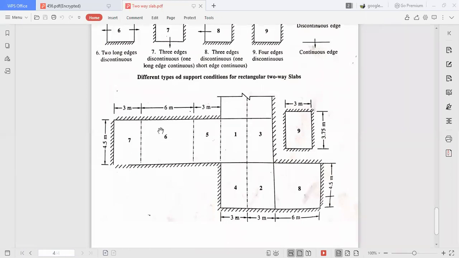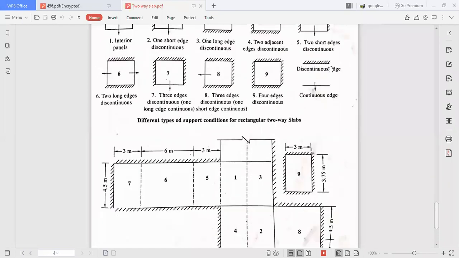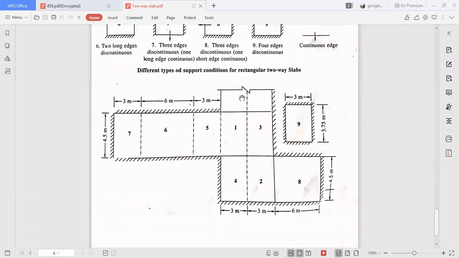This shaded portion indicates that particular edge is discontinuous. It is mentioned clearly here: a discontinuous edge is represented with this symbol, and a continuous edge is represented with a single straight line. That's it.